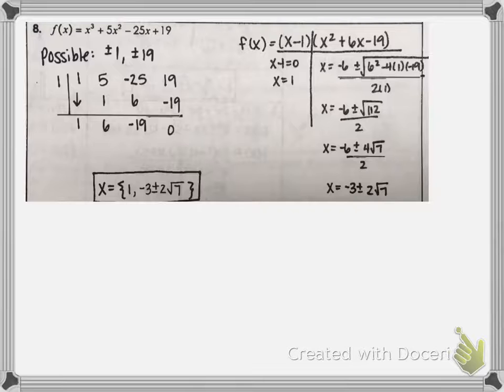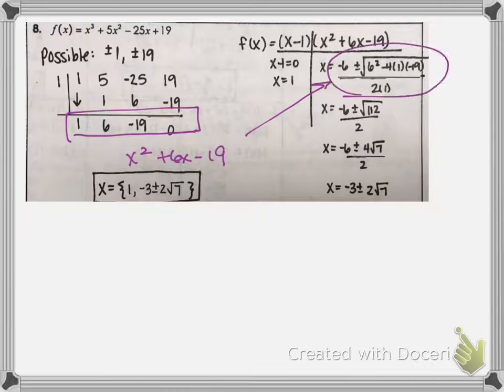So number 8, 1 worked right away, so that was good. So then this polynomial became x squared plus 6x minus 19, and that doesn't factor. So instead of completing the square this time, using the quadratic formula. So remember that quadratic formula if you forgot.